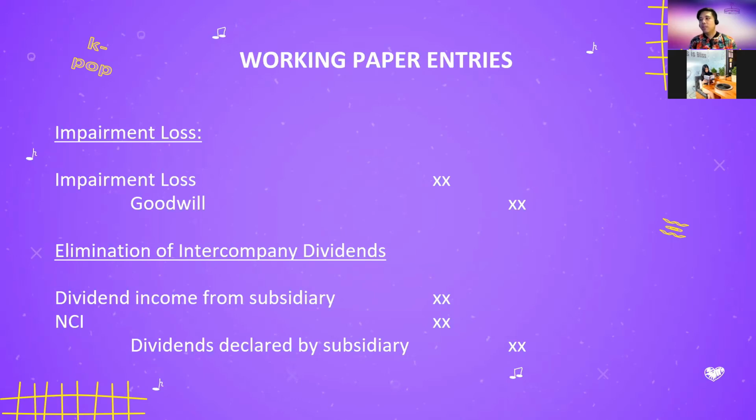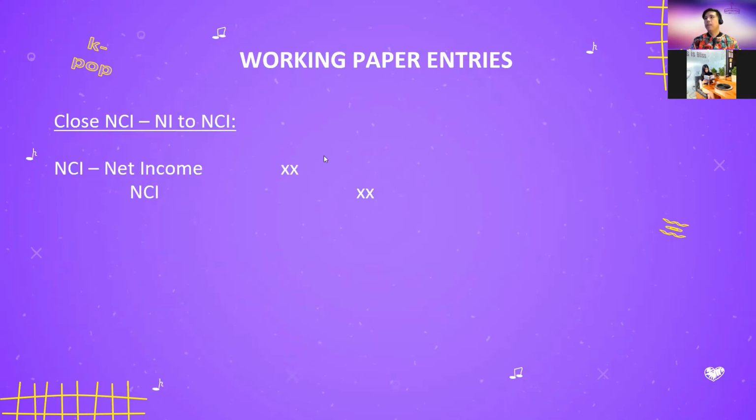So debit dividend income from subsidiary, debit non-controlling interest, this representing the non-controlling interest. So in my example earlier, this is 20%. And then credit dividends declared by subsidiary. Okay? Then of course, we have to close net income to NCI.